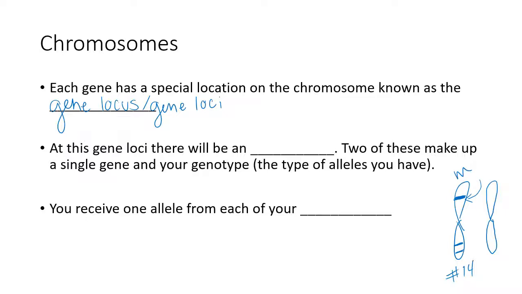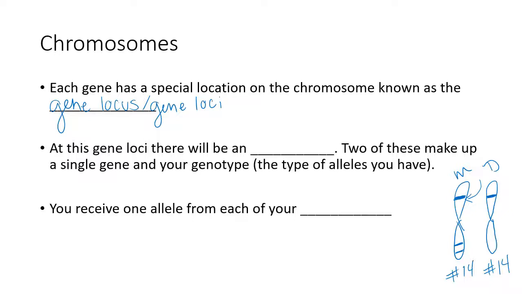So let's say this is mom's, and you're going to get a chromosome 14 from your dad. And so at the same place on both of those chromosomes, at the gene locus, you're going to have this gene coding for the same thing on both of those chromosomes.